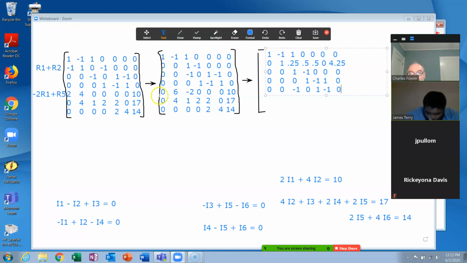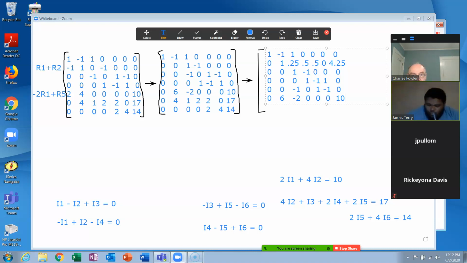Now we're going to move the old row 5 down to row 6. So that's going to be a 0, blank, blank, blank, 6, blank, blank, blank, -2, blank, blank, 0, blank, blank, 0, blank, blank, 0, blank, blank, 10.